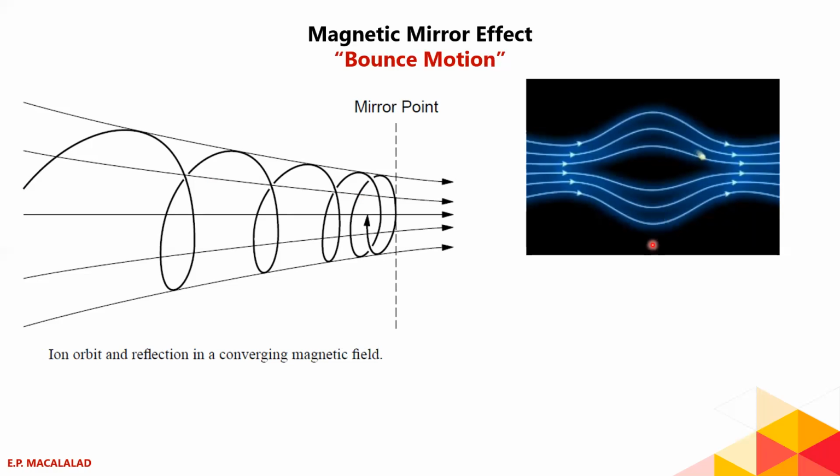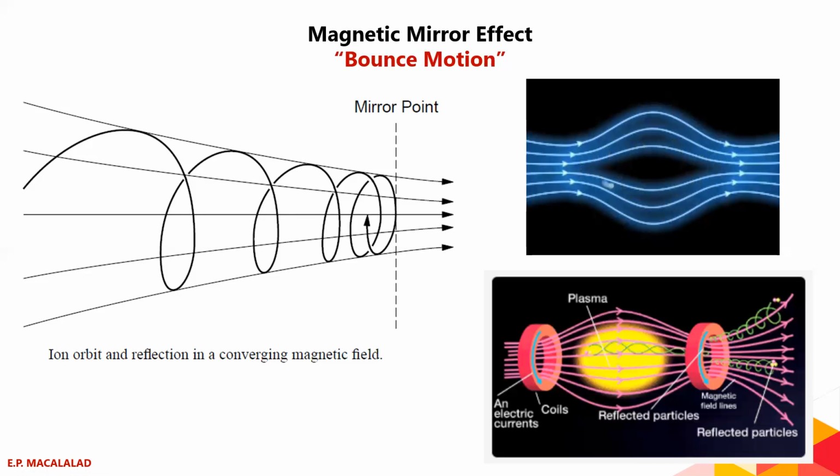At certain directions of velocity, this charged particle will actually bounce in between this bottle, like this. And this is how we contain plasma.